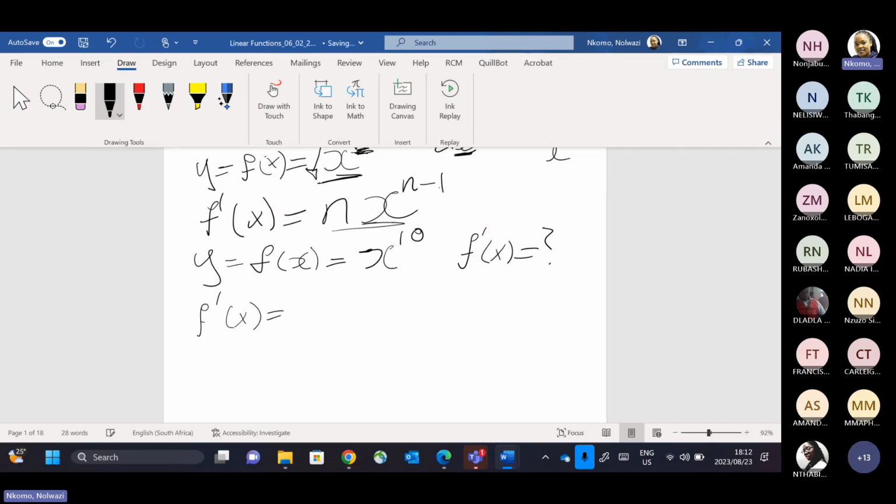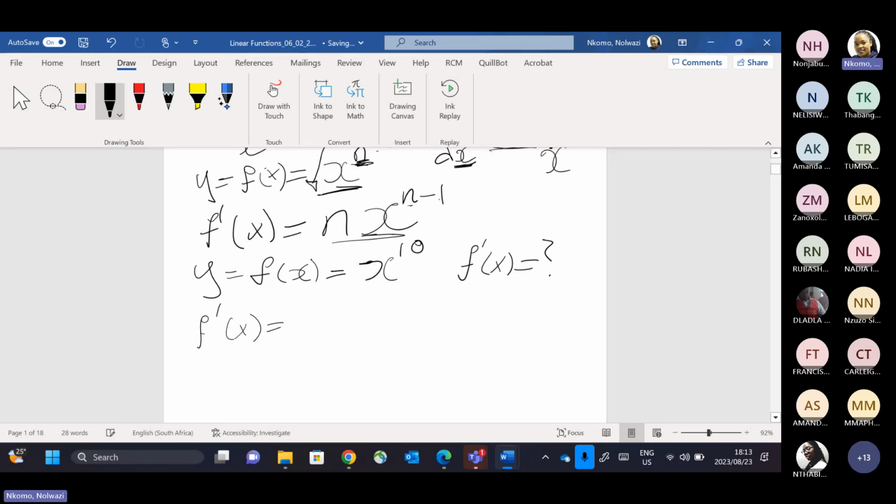We first take our exponent, which was n in the general case but is now 10. You multiply with it, then subtract 1 from the exponent. So our derivative, f prime, would be 10x to the power 9. Okay, let's do another example.